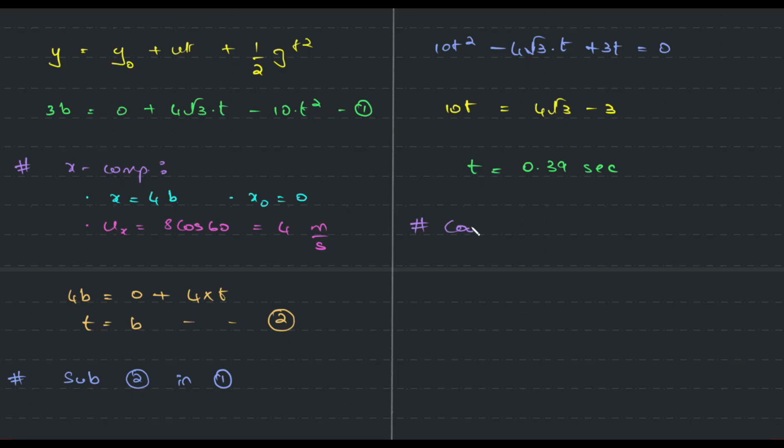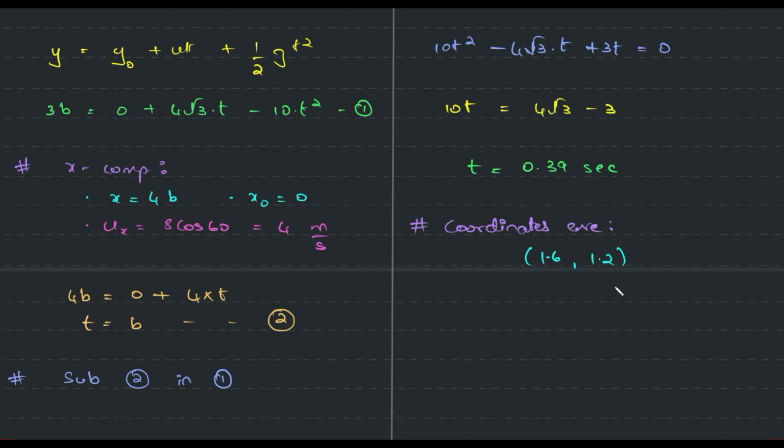And so the coordinates are, guys, you find the final answer. Coordinates are, so t and b are one and the same. So 3 times this value and 4 times this value, say 1.6 approximately and 1.2.